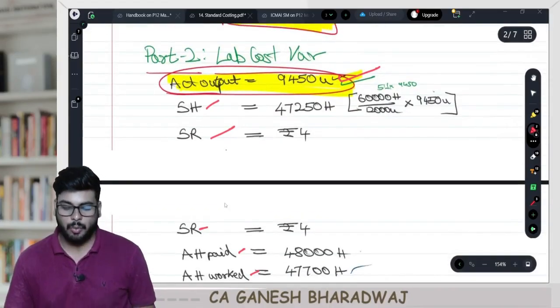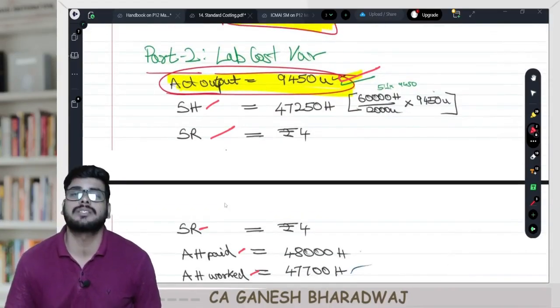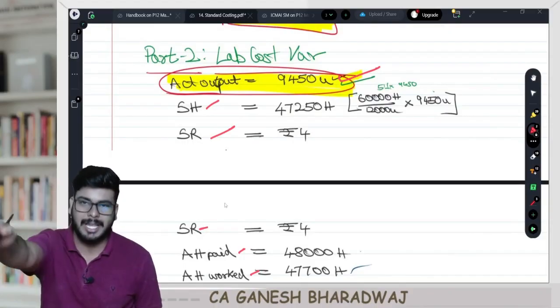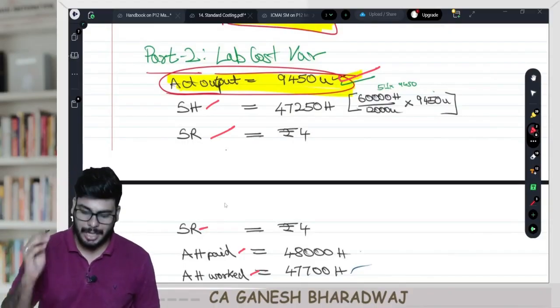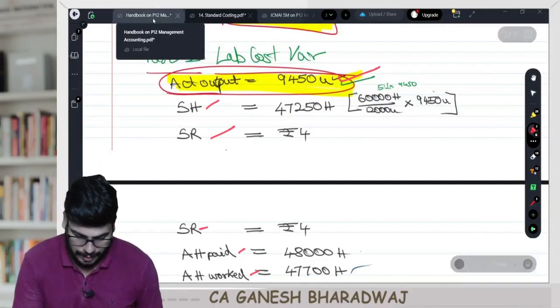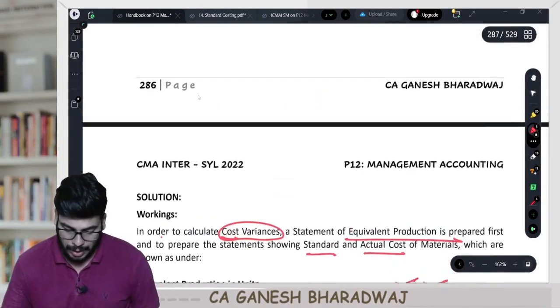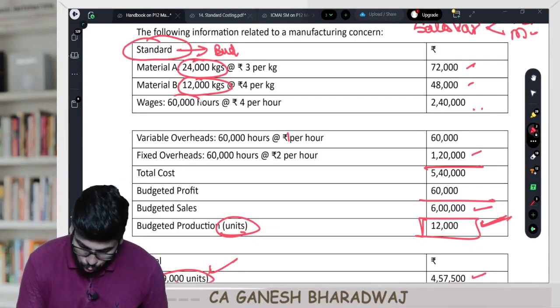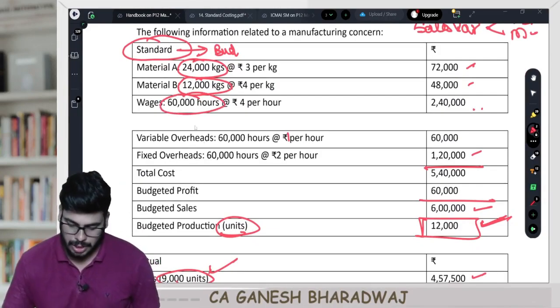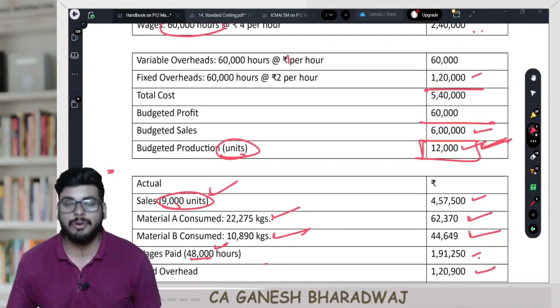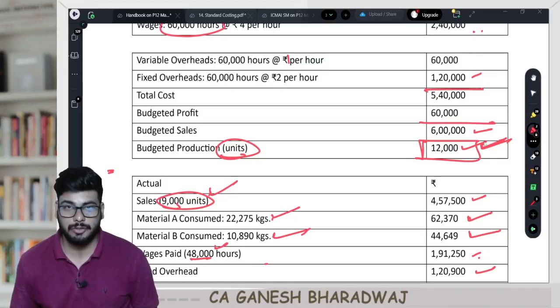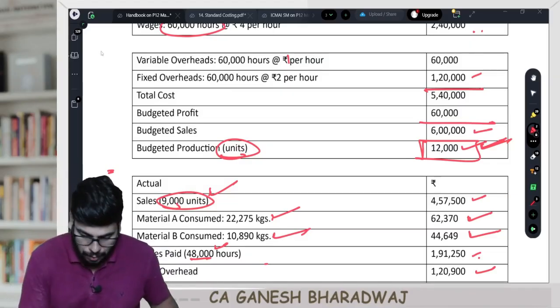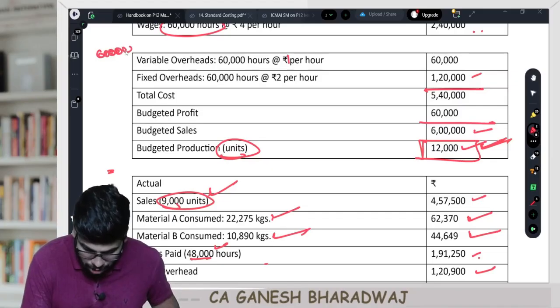Now guys, what is going to be the standard hours? What do you mean by standard hours? For me to get the actual output, how many hours I should have spent? Look at the question, at the budgeted data. You are allowed to take 60,000 hours to get an output of 12,000 units.